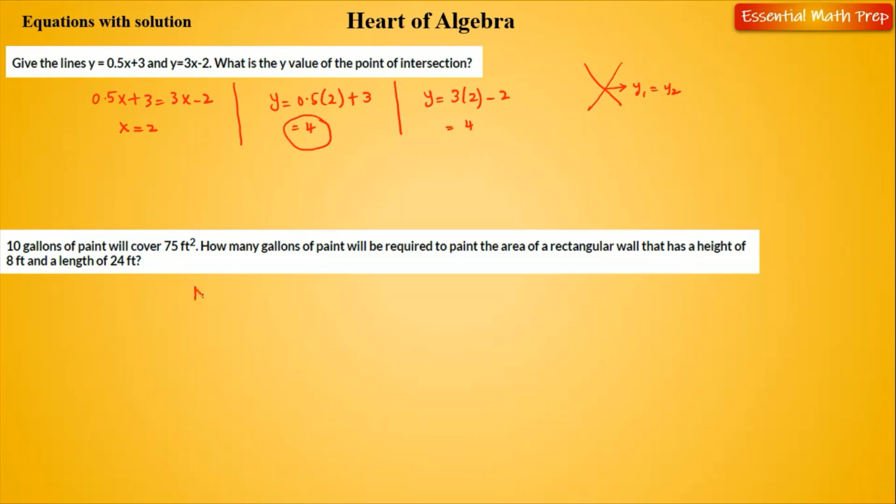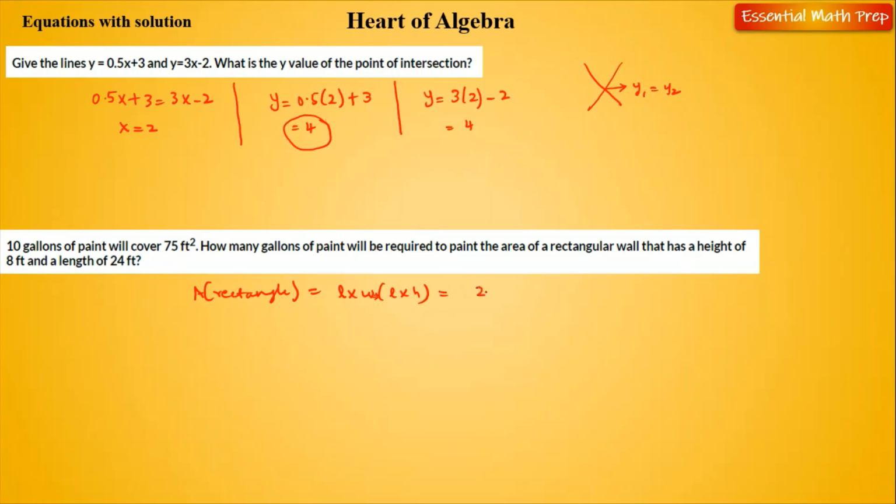So we have the area of a rectangle equals length times width. In this case, it's length times height, because it's given us height, which is the same thing.